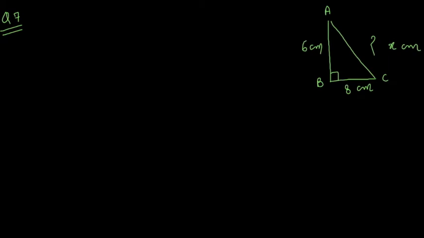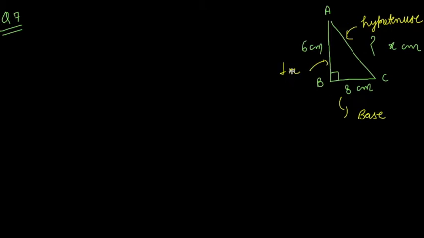Now we will recall the Pythagoras theorem, because we know the Pythagoras theorem is applicable on the right angle triangle. And we know the longest side in a right angle triangle is your hypotenuse, right? So this is your longest side, and this is your base and this is your perpendicular length, right?